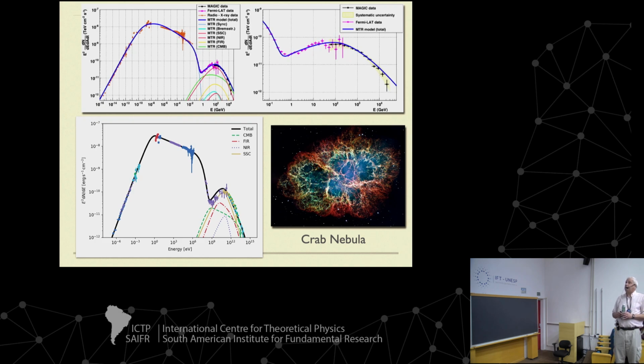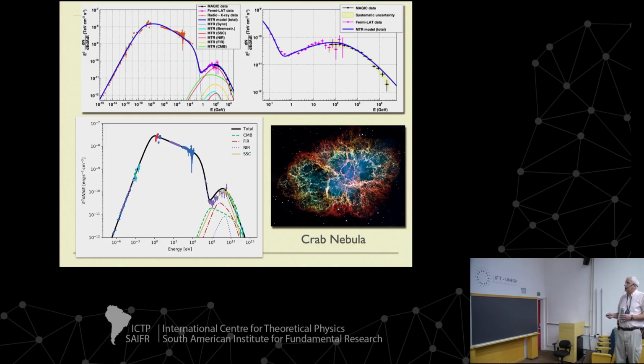Well, what about the spectral energy distribution from radio up to high energy gamma rays? Well, this is one of the best observed sources in the galaxy. So we have a lot of data from radio, as you see here. Then we have the X-rays, and then we have the gamma rays from high energy up to very high energy gamma rays.